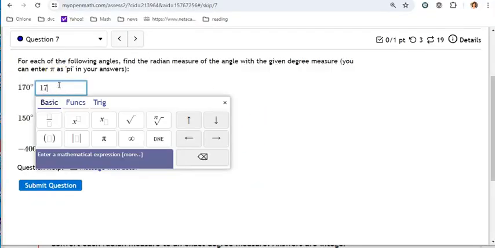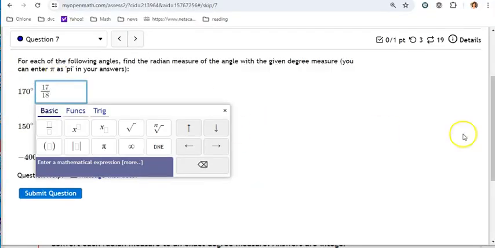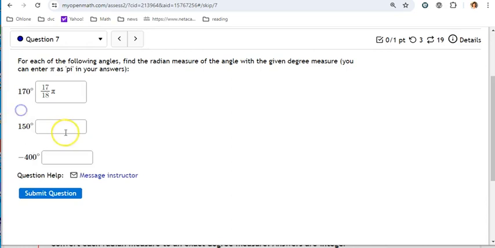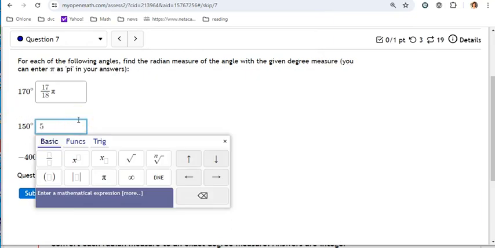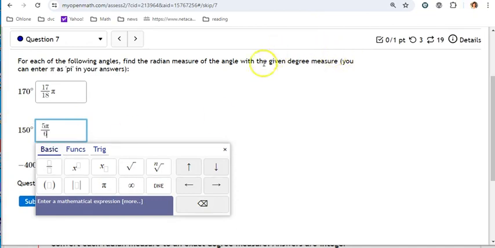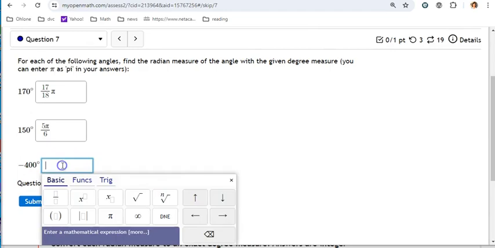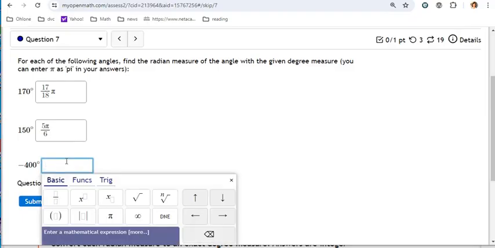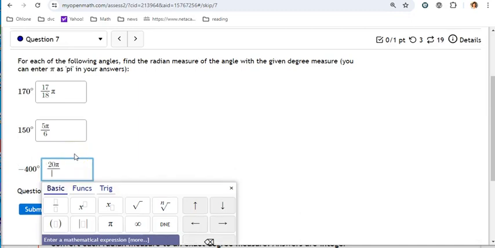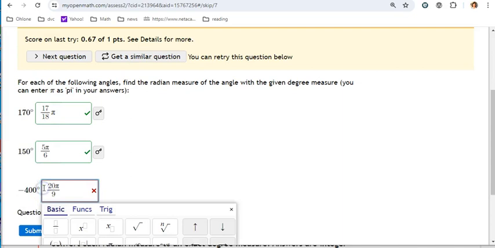Oh, or this is 5 pi over 6, right? 5 pi over 6. I forgot this: 20 over 9, 20 pi over 9. Oh, it's negative.